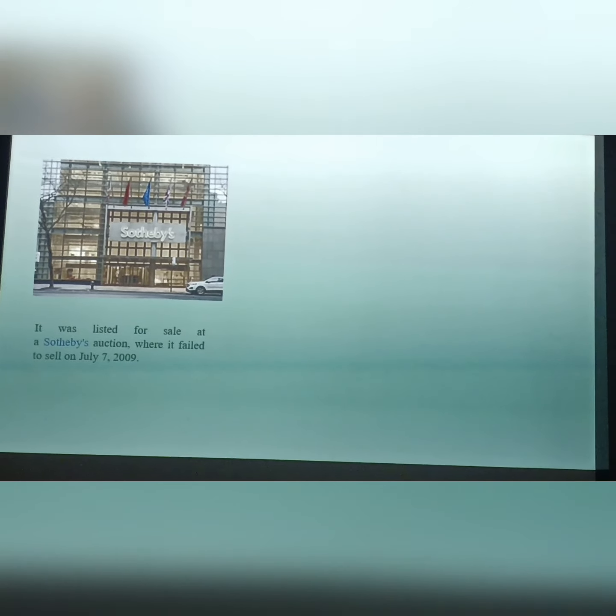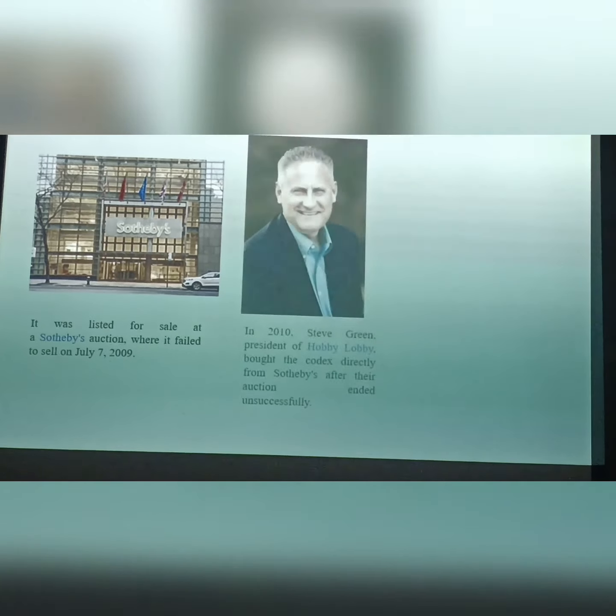And because they were interested in the Bible and the Bible text, they gave this to Westminster College, and it was listed for sale at a Sotheby auction, where it failed to sell in 2009.